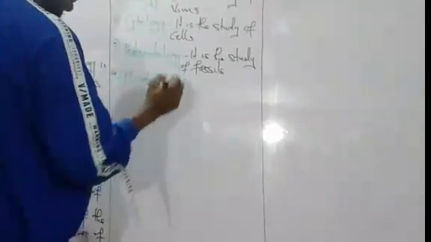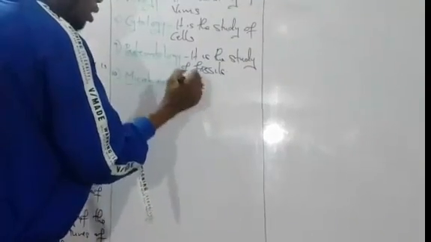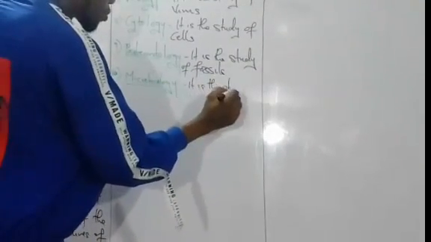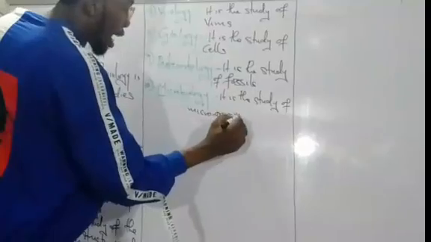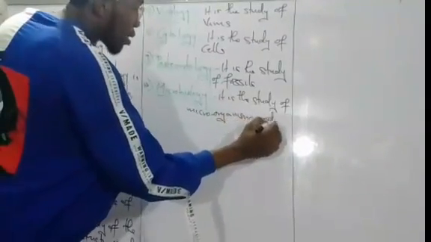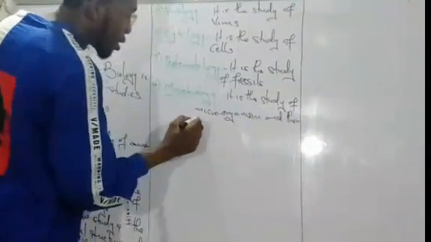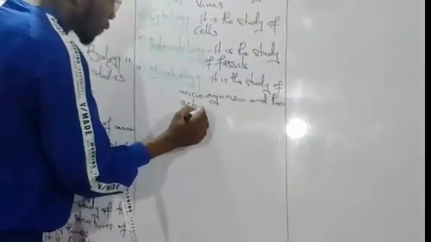Microbiology is the study of microorganisms and their activities. The father of microbiology is referred to as Anthony van Leeuwenhoek, and that's because he created the microscope that was used in studying microorganisms. You get what I'm saying now?